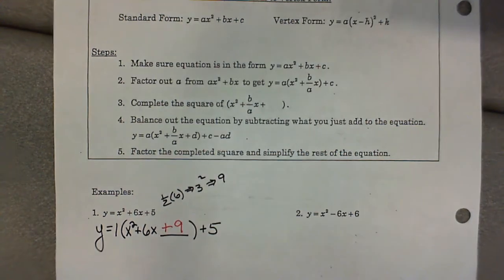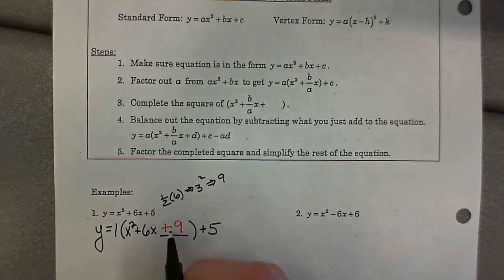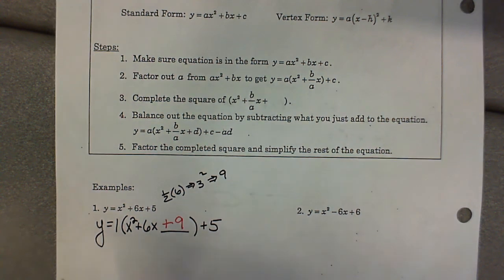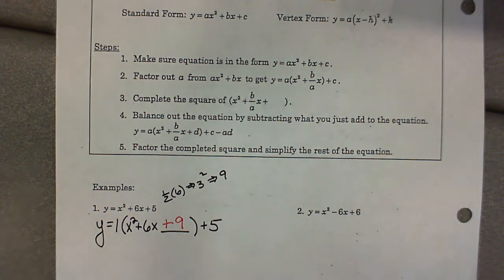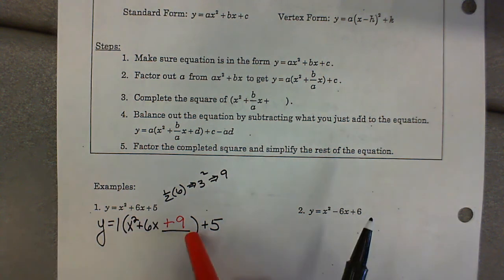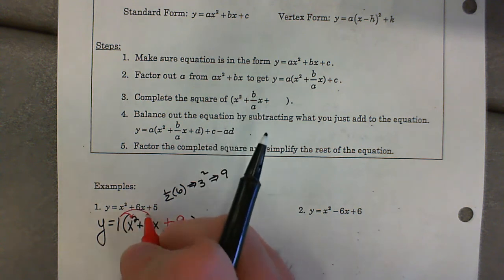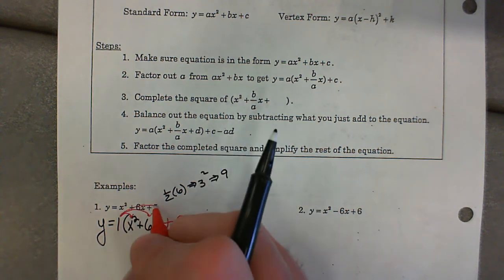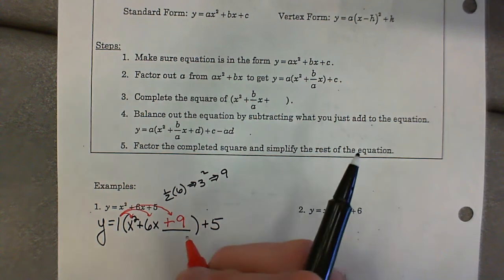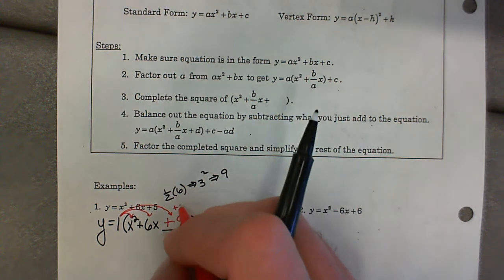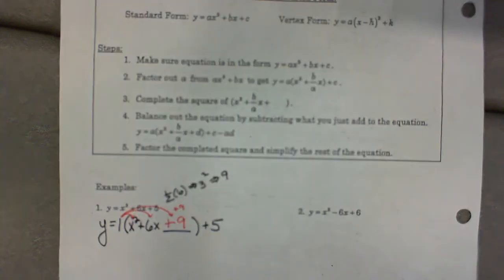Okay? Now, normally you would say, well, now I need to add 9 to the other side of the equation. First of all, I need to make sure that that's still a 9, because remember, this 1 gets multiplied by everything in there. So this is 1 times x squared, which is x squared, 1 times 6x, which is 6x, but then this is 1 times 9, which is a positive 9.